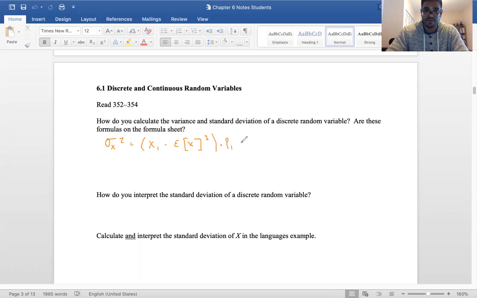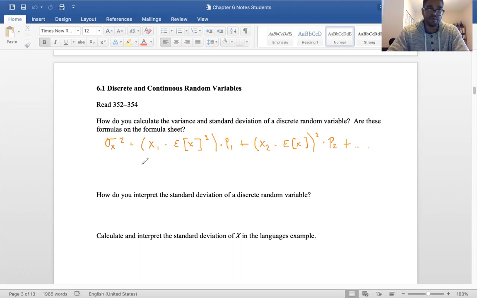Now plus x2 minus E of x, squared, times p2, and you're going to keep doing this, plus dot dot dot.